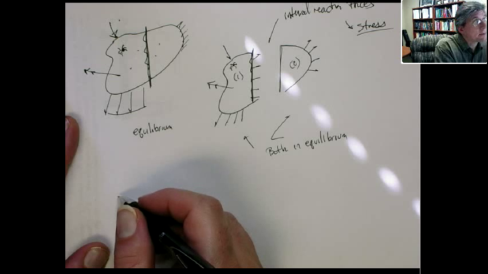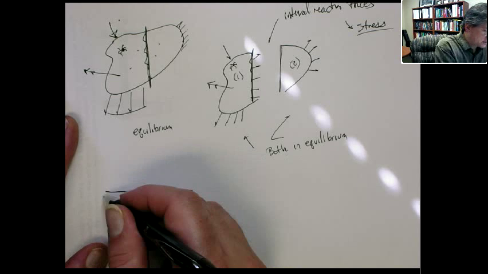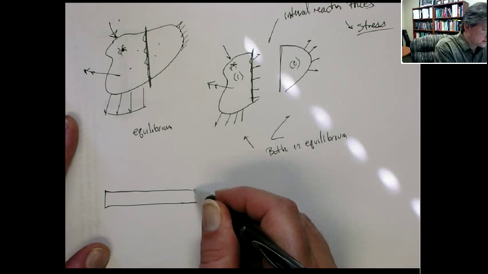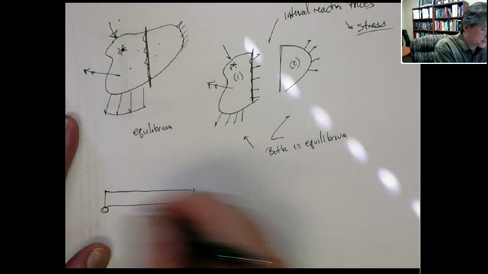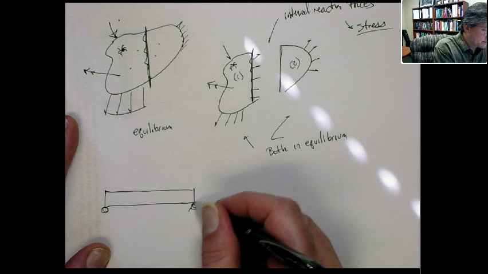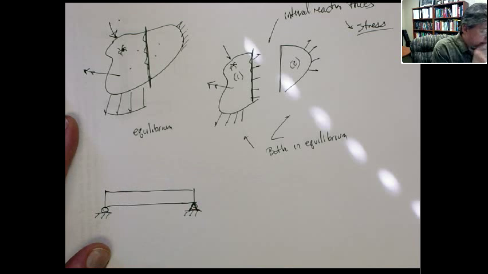Let's see if I can come up with this. Imagine we have the following. So I have a beam that's pinned on one end and on rollers on the other end.